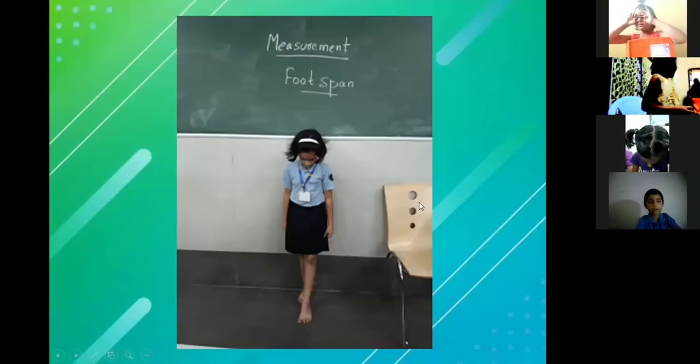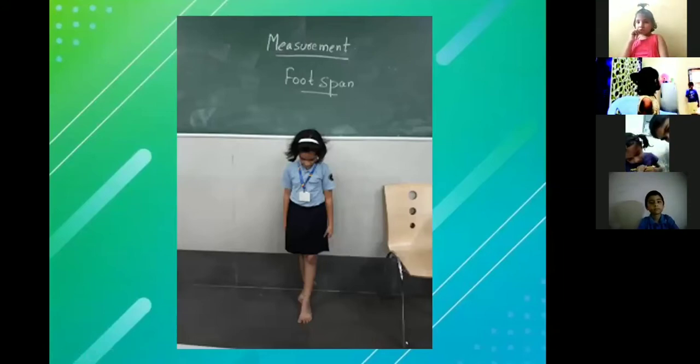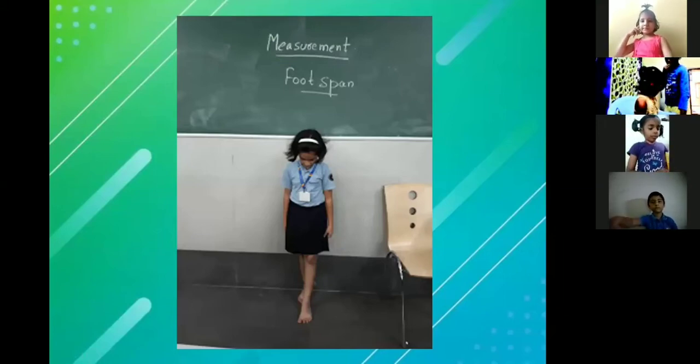See children, how this girl is measuring the floor using her foot span. So foot span means the distance between the ankle to the longest toe. That is called foot span.